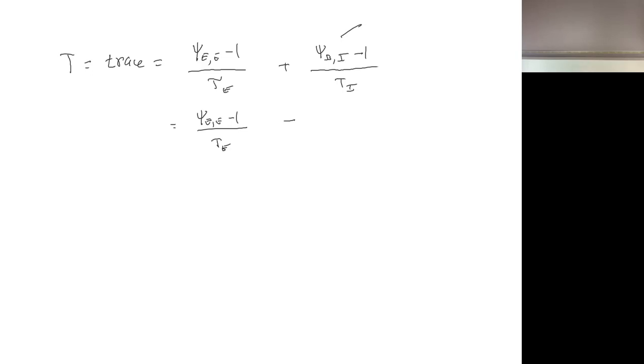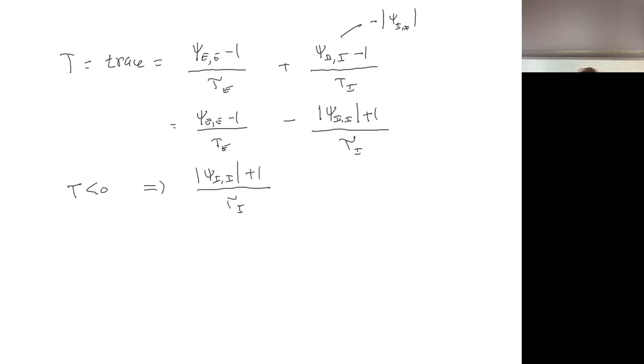As inhibitory firing rate goes up, these psi's go down. So this is equal to psi E,E minus 1 over tau E, minus the absolute value of psi I,I plus 1 over tau I. So T less than 0 implies the absolute value of psi I,I plus 1 over tau I is greater than psi E,E minus 1 over tau E.